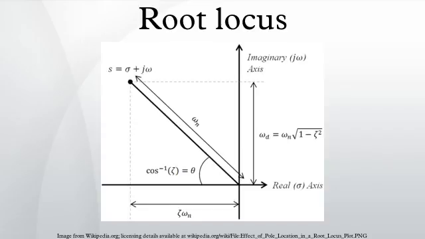In systems without pure delay, the product G(s)H(s) = -1 is a rational polynomial function and may be expressed as, where the a_zi are the m zeros, the a_pi are the n poles, and k is a scalar gain. Typically, a root locus diagram will indicate the transfer function's pole locations for varying values of k.